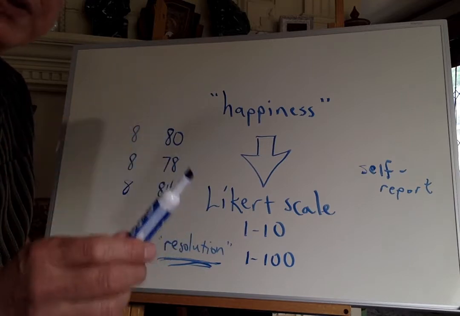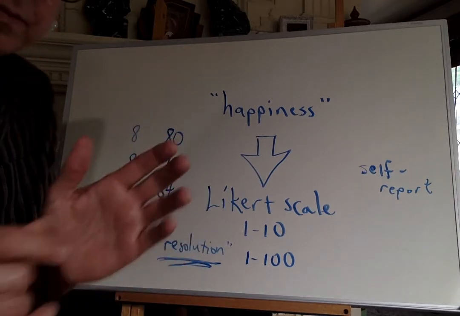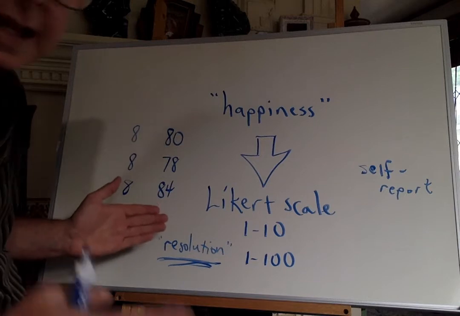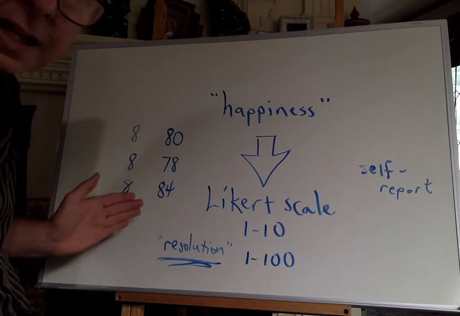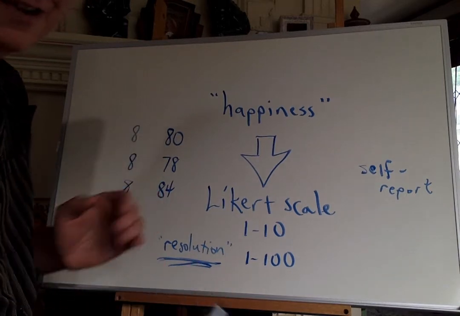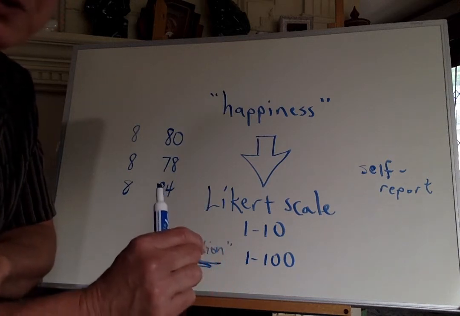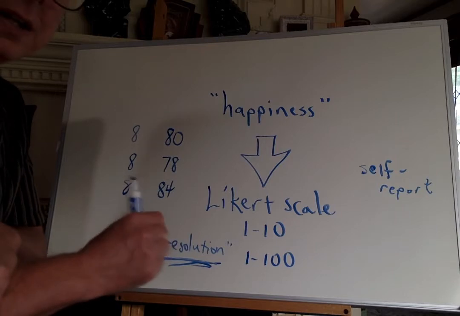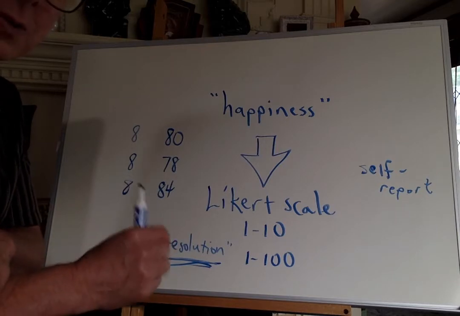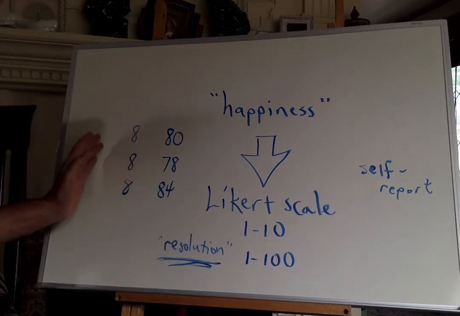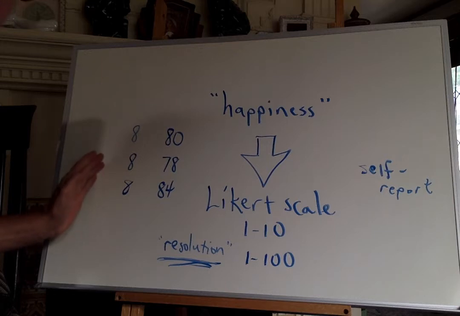Notice what happens here. Let me go back for a minute. They could have all said 80 too. They could all say 80. But people do have the opportunity to respond differently, okay, on this 1 to 100. And what does that do for us here? Look at what happens.